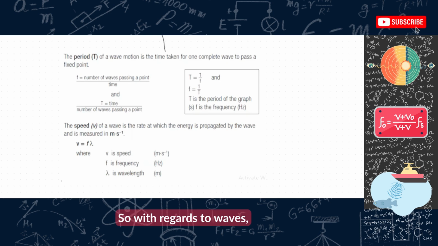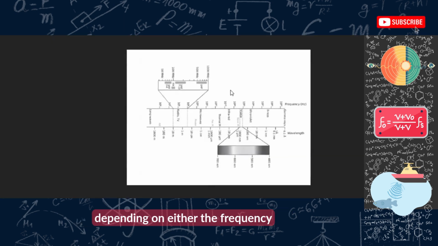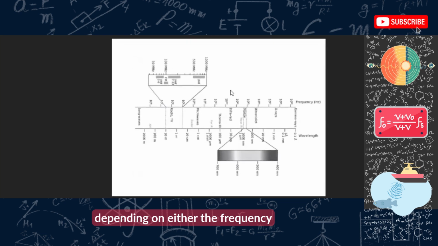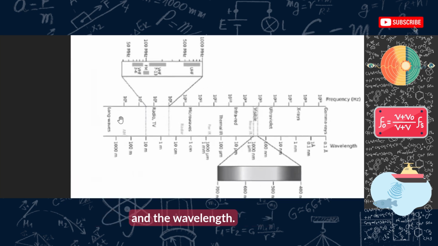So with regards to waves, looking specifically at the electromagnetic waves, these are transverse waves. I want to show you an image. Give me a second. So in terms of the electromagnetic waves, we have different electromagnetic waves depending on the frequency and the wavelength.